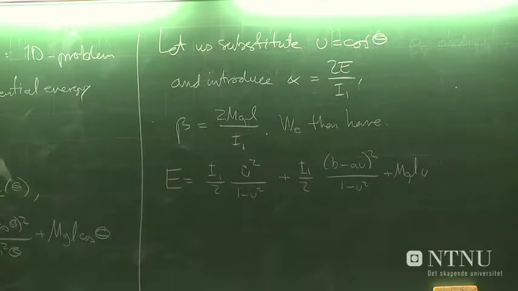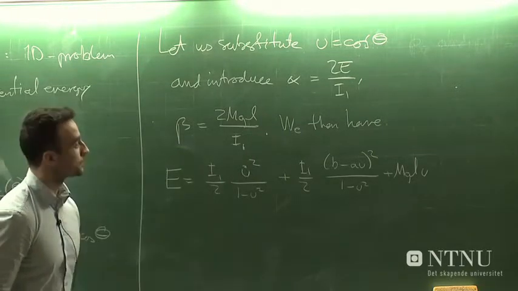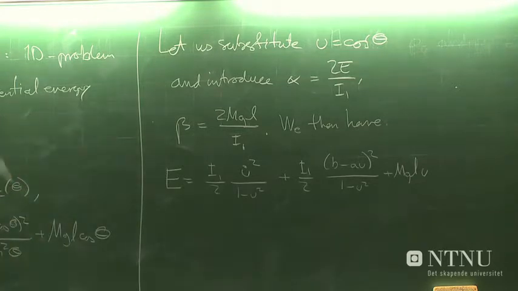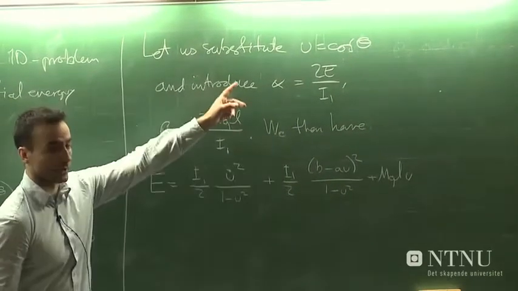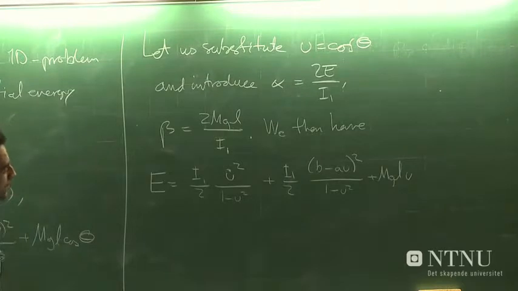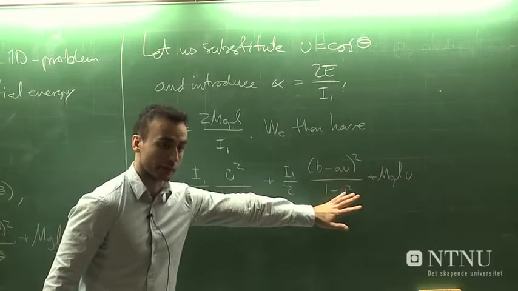We can then write the total energy of the system in the following way. So theta dot squared is equal to u dot squared over 1 minus u squared by using this definition. And here I just substitute cosine theta is equal to u.